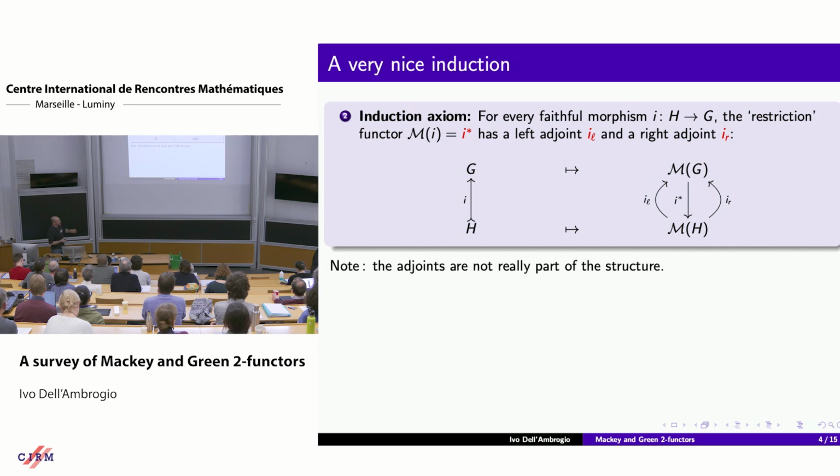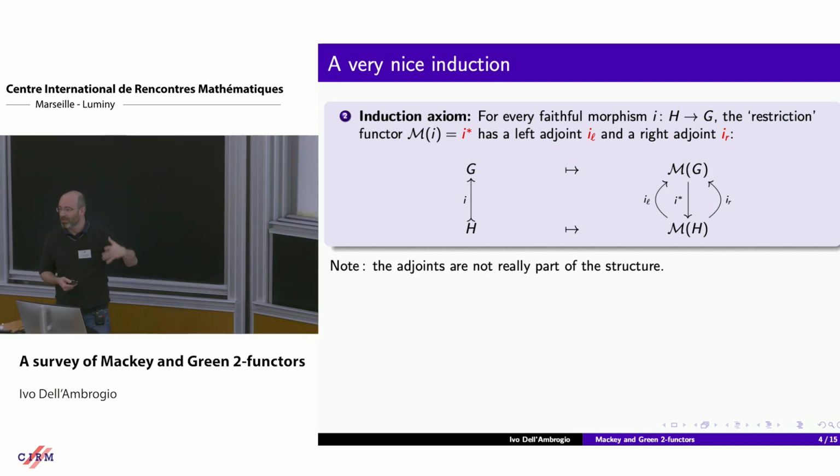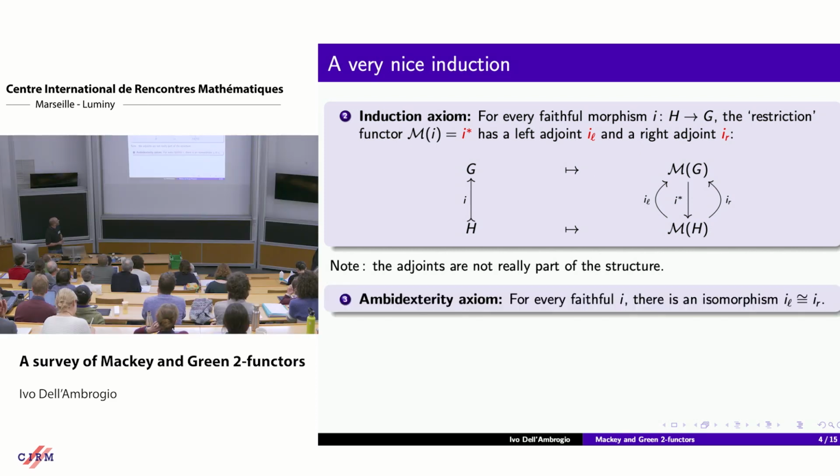And no, these adjoints are not really part of the structure. I mean, I could add them, and I will add them at some point, but there's a uniqueness to these adjoints, as you know, so I can forget them whenever convenient. And then I will ask that actually these two adjoints are isomorphic. And so there exists an isomorphism of functors from I_L to I_R for any I.